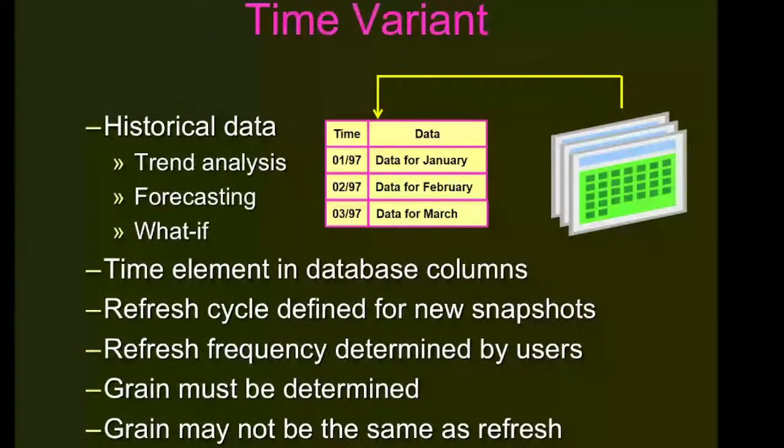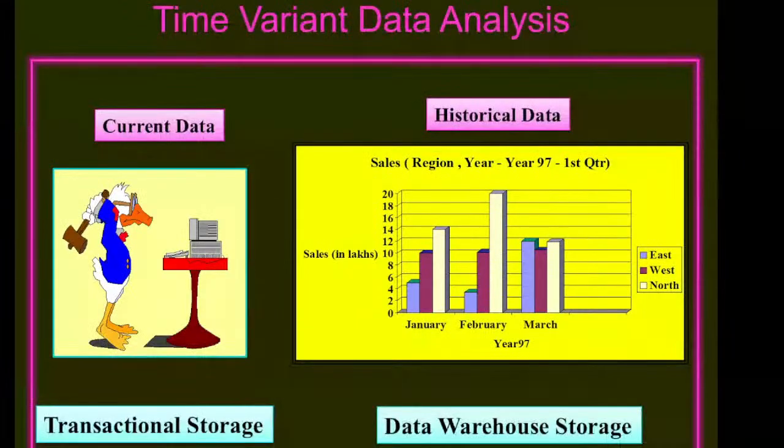Grain is the level of detail. If the grain size is small, more data is required. If the grain is large, less data, fewer rows will be there. So the higher the grain, the lower the data; the lower the grain, the higher the data. There is always a trade-off between grain and summaries. So this is called time variant.